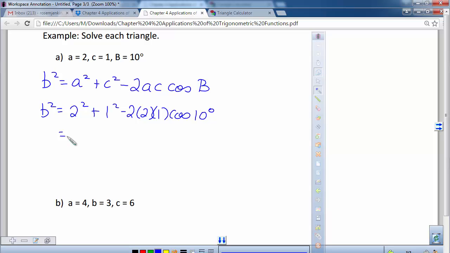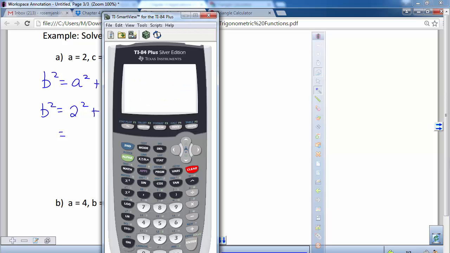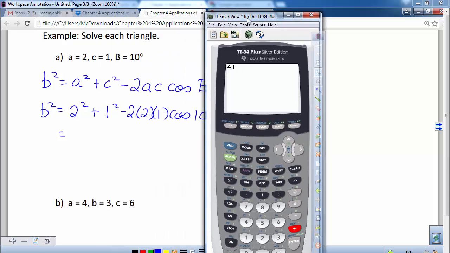Okay, we can put all of that on our calculator. And we get 1.06, or if I take the square root of that, I get 1.02, or approximately 1.03.